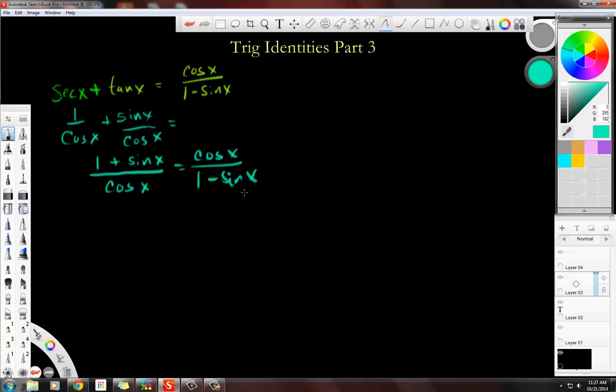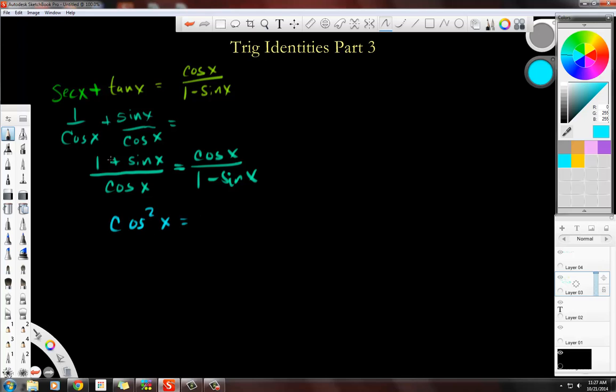It'll all work out. Now at this point, one of the little tools that you have available, and sometimes it's a really bad idea to do it, and sometimes it's a good idea to do it, in this case, is this cross-multiplying thing. This idea of cross-multiplying in this fashion kind of makes things work out well, because if I cross-multiply in this direction, I'm going to get cosine squared of x.